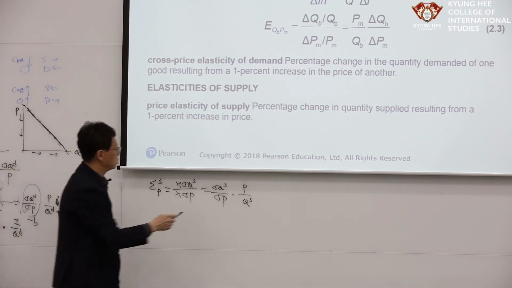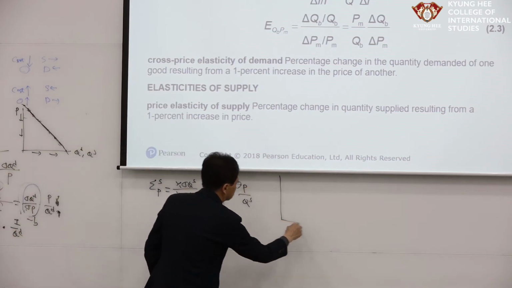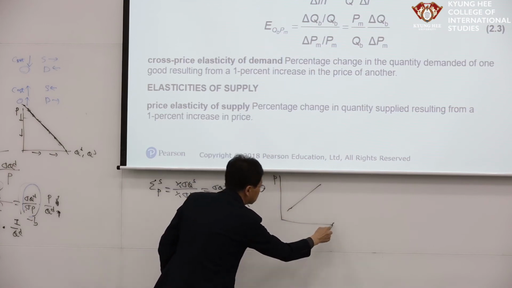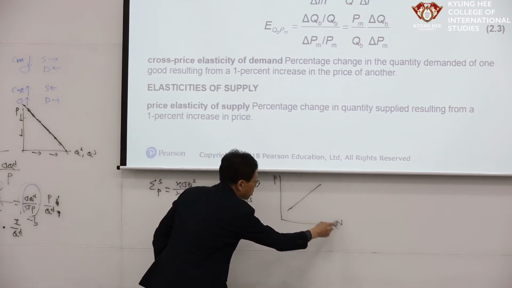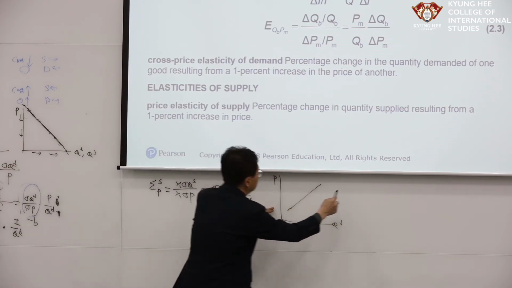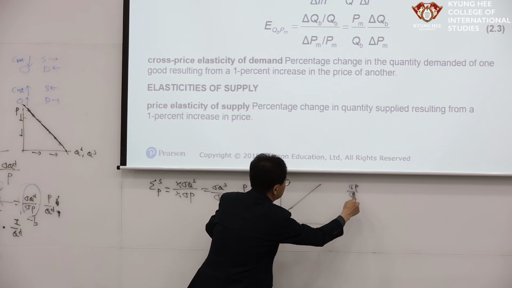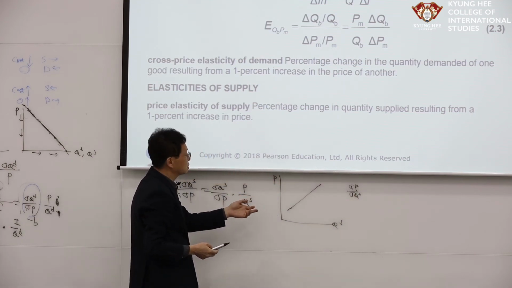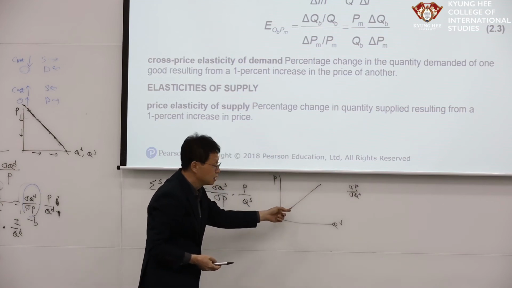And now think about the supply curve. The supply curve is like this, right? Usually price is on this axis and quantity supplied on this one. The slope of this curve in this figure is change in price over change in QS. That is some constant number where this is linear, right?